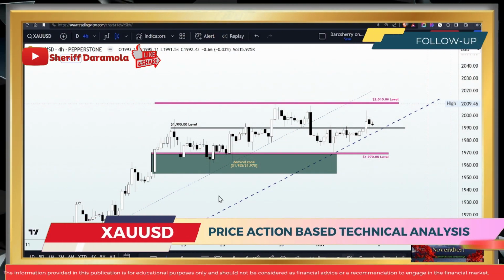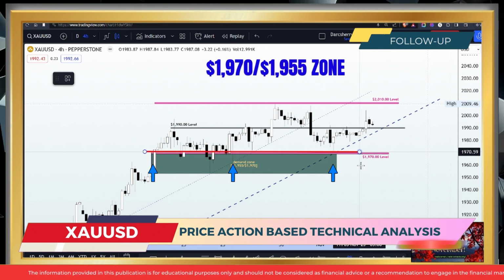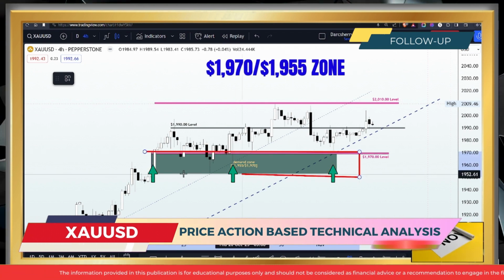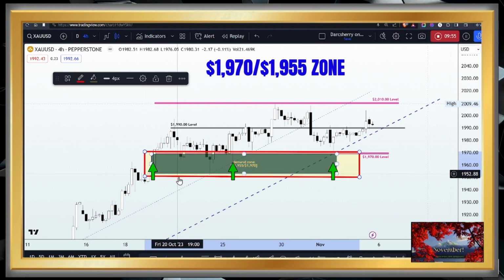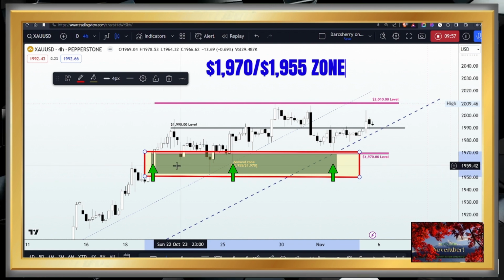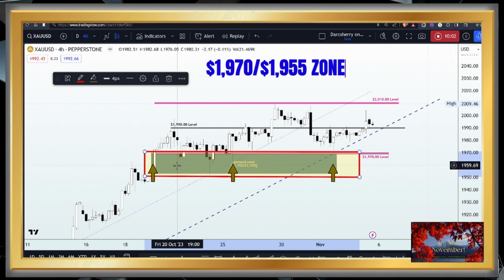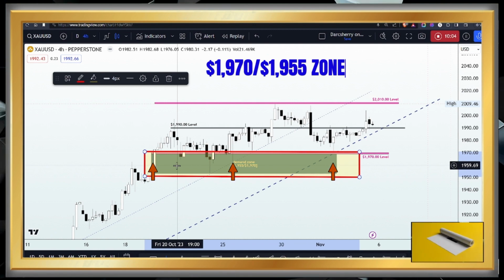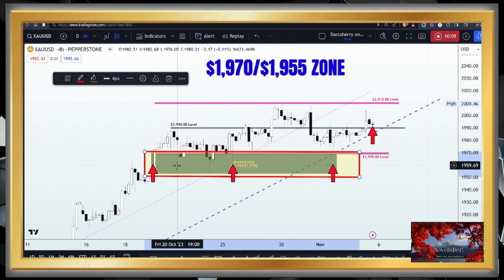And technically, you will see on this chart that we have a beautiful demand zone just right within the 1,970 and the 1,955, which had negated all attempts by the sellers to break through that area throughout the second half of the month of October, thereby emphasizing the potential that buyers still have a say in this particular market.